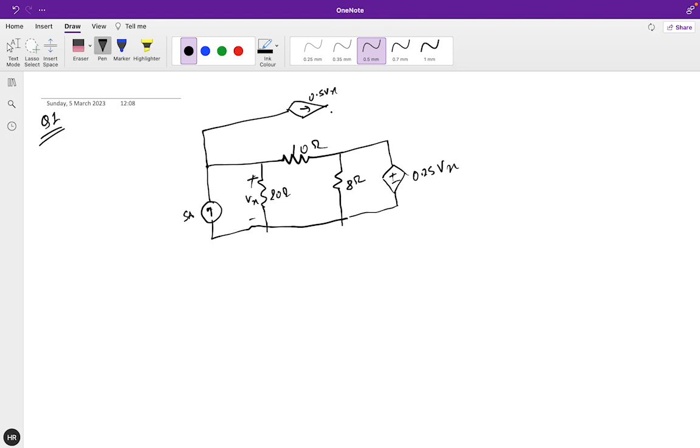It's the current flowing in this circuit. In this question you need to find the value of v of x. So how will you find the value of v of x?